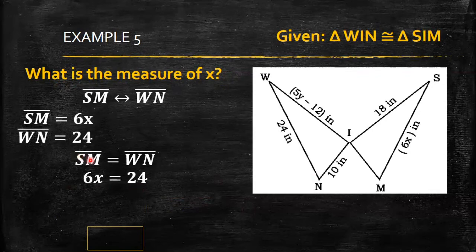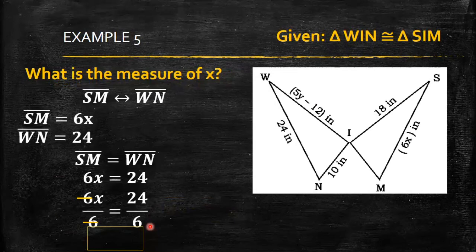Ang value ni SM ay 6x at ang value ni WN ay 24. So, to isolate x, we need to divide both sides by 6. So, we have 6x divided by 6 equals 24 divided by 6. 6x divided by 6, makakancel si 6, matitira si x, at 24 divided by 6 is 4. So, x is equal to 4.